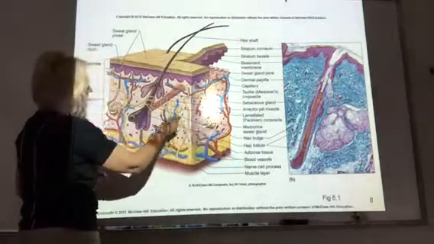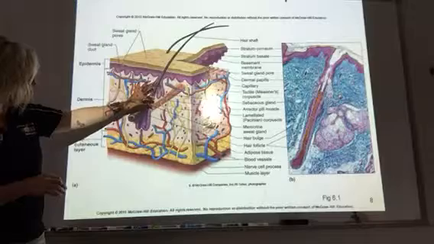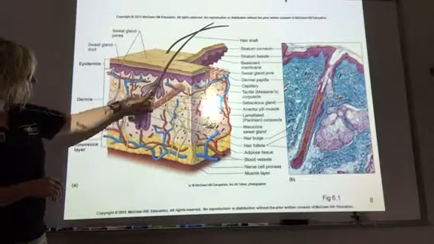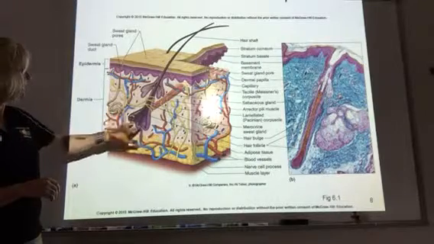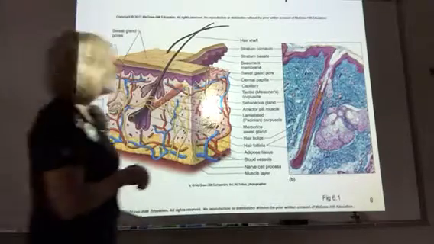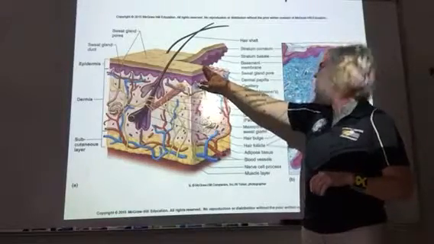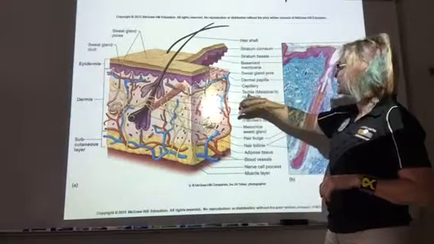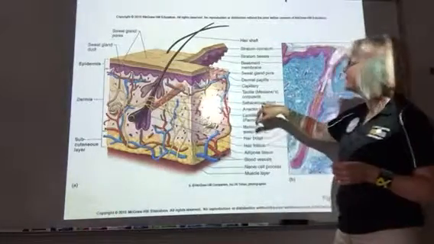The hair bulb is just a little spot towards the bottom, and that part's probably not as important. But I do want you to know the hair follicle is the area that surrounds the hair. The root of the hair is down here at the bottom. Here is a sweat gland with a pore where sweat comes out. The tactile corpuscles are close to your muscles.